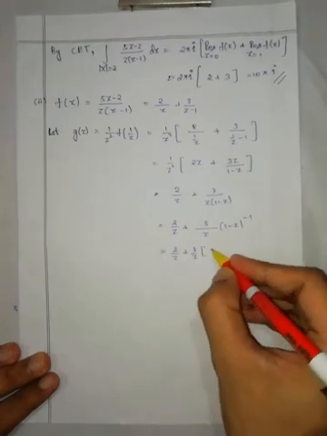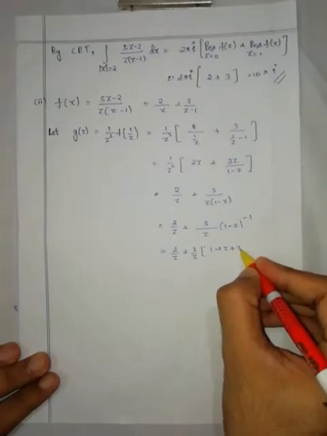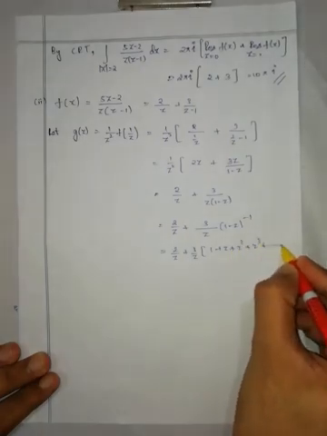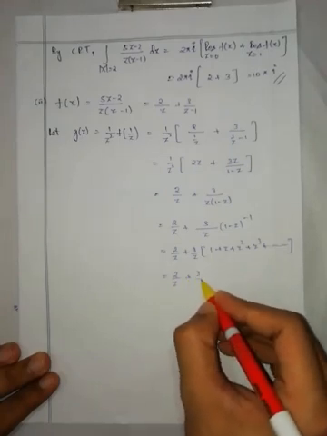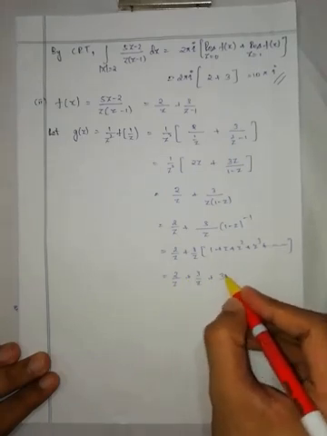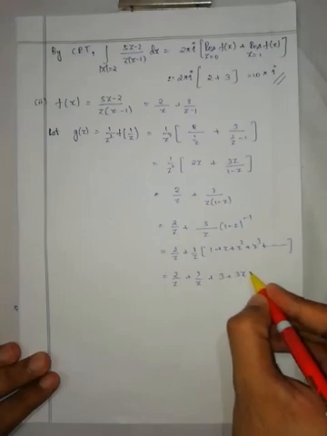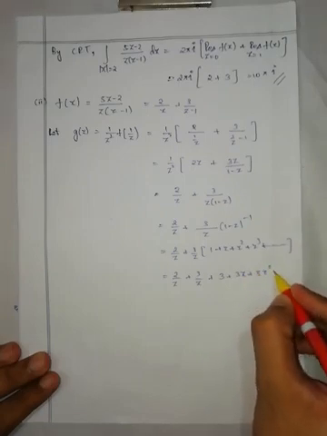Expand this: 2/z + (3/z)(1 + z + z^2 + z^3 + ...), which is 2/z + 3/z + 3 + 3z + 3z^2 + so on.